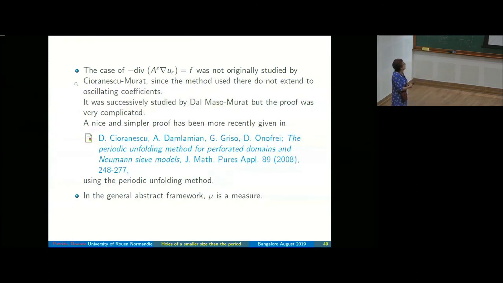So the proof is a lot simpler than the previous proofs in this case, and one can use oscillating coefficients. Okay, so a final remark is that in the abstract case, mu is not a constant but is a measure. In this case, you can also have different forms of holes; what is important is their size.